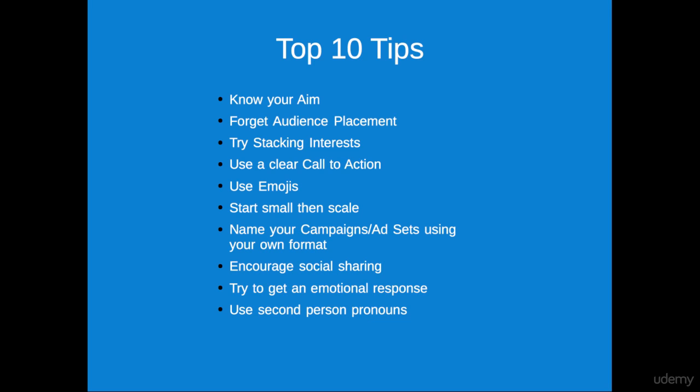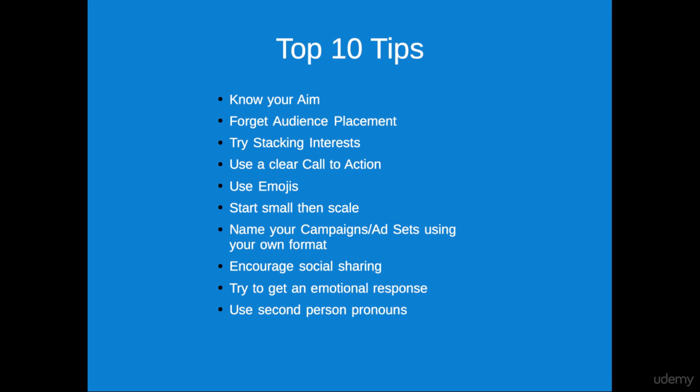Number 8 is encourage social sharing. You are spending money on running ads on Facebook. So you are spending money on reaching people. If you can spend money on reaching 10 people, and out of those 10 people, 2 people tag a friend or share your advert post, then you are reaching not only the 10 people you paid to reach, but a load of other people who are being tagged or who are seeing the advert on a friend's newsfeed because they've shared it.